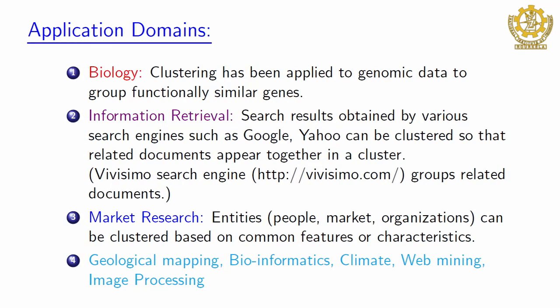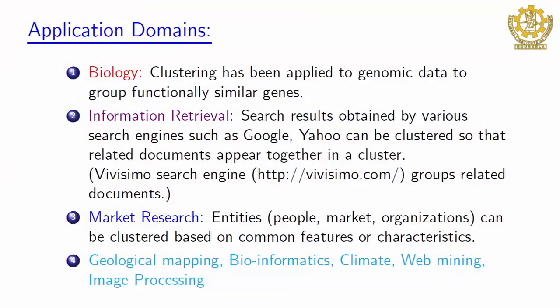It puts related documents, such as all sports news, in a similar cluster, and then labels the cluster as sports news and so on. Then there is market research. Entities, people and market organizations can be clustered based on common features or characteristics, and then there are applications in image processing, web mining and so on.